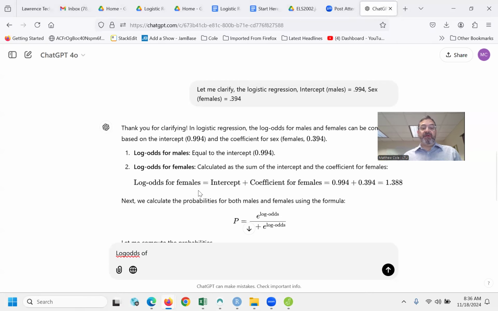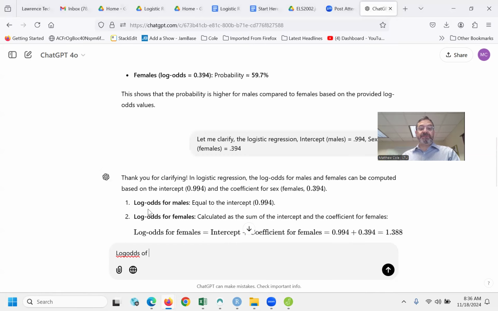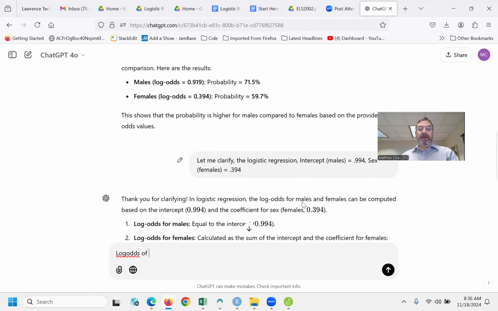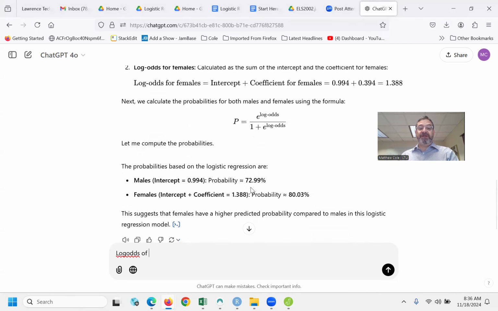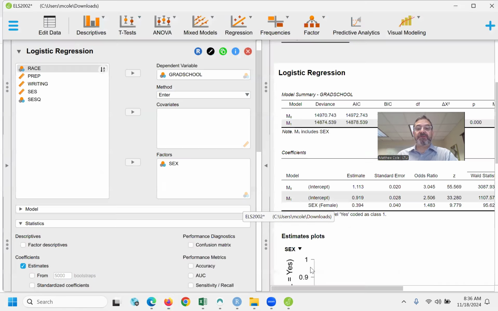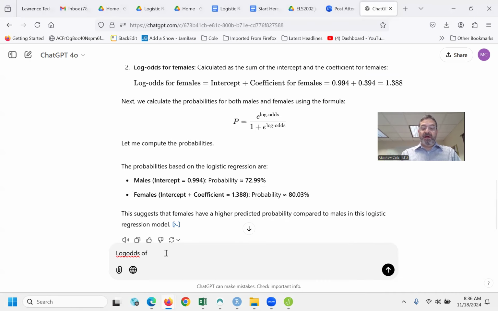And actually they've done it here, right? So the log odds for males, 0.919, is 72.9%. I think I might have entered those numbers wrong. What was it? 0.919, 0.394. Log odds of 0.919.